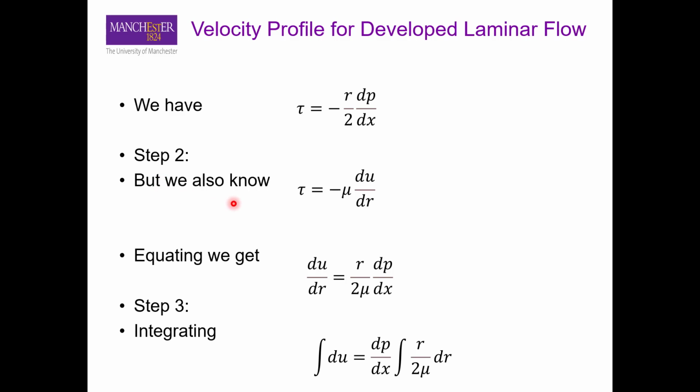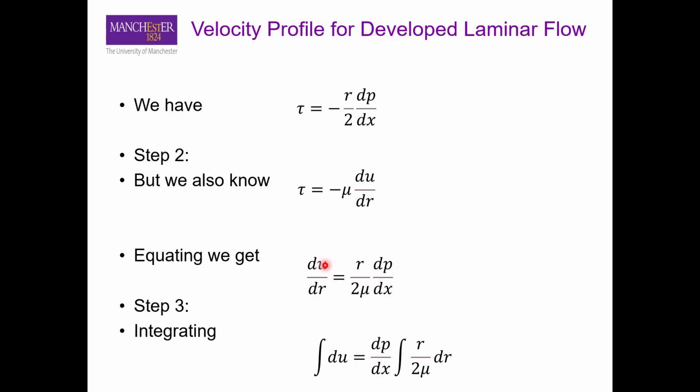The second step is that we now need to write this tau in the form of a velocity gradient from a constitutive equation. So we are using here Newton's law of viscosity. And if you put the value of tau in this equation, we can write it like this.